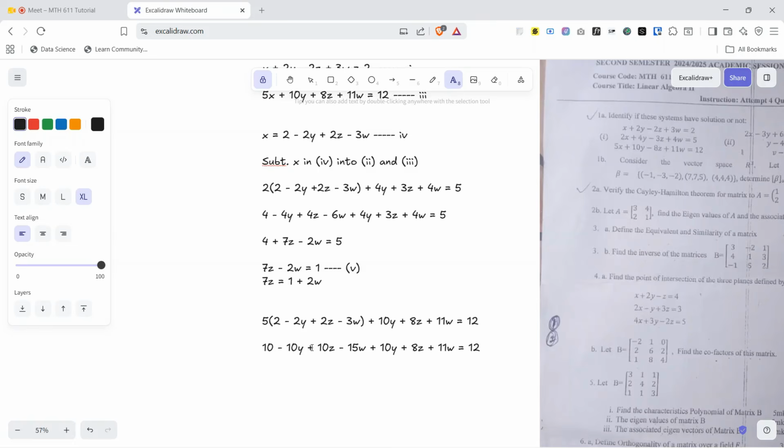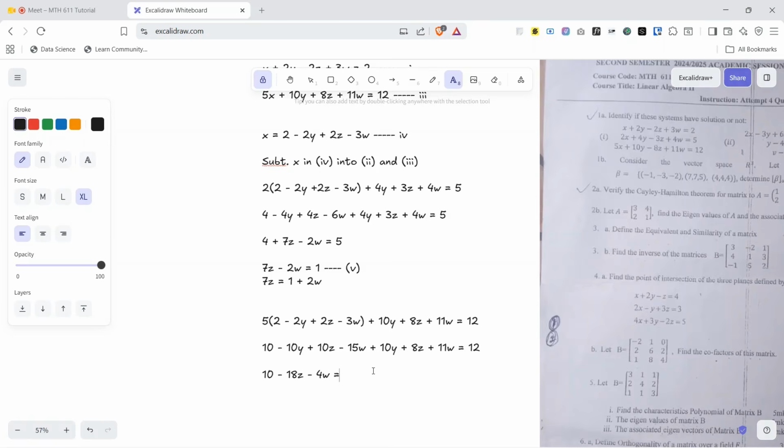So we have z, this will be 18z, minus 15, this will be minus 4w. Then, okay, I did not start with 10, sorry. 10 minus, yep.